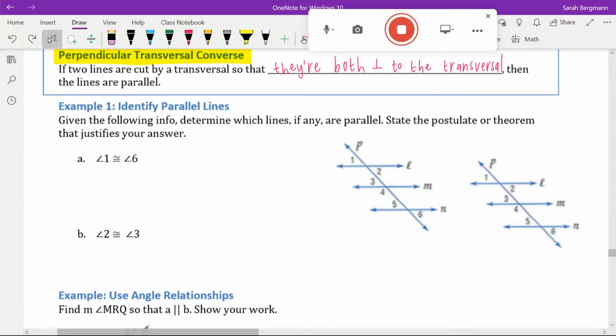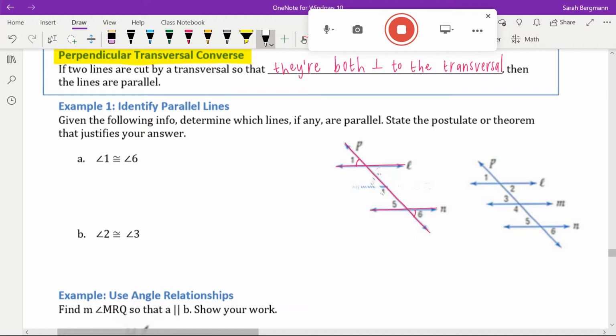This first one says angle 1 is congruent to angle 6, so let's mark that in our diagram. I also want to highlight the lines that create those angles. So P is the transversal, and N and L are the other two lines that I'm looking at. You can totally ignore the other pieces of this diagram, like line M, because it's not one of the highlighted lines.